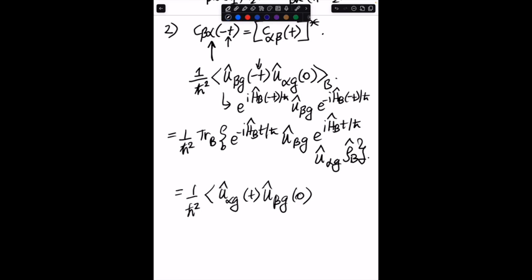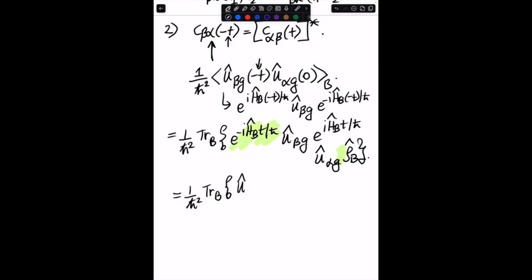That's what you have to do, right? So it's quite simple to do this. The first thing I would do, which is quite obvious, is take this and move it here. And then it's quite obvious to see that e raised to the power i H_B t upon h bar, u alpha g, e raised to the power minus i H_B t upon h bar will just give me u alpha g at time t. So you get 1 upon h bar square, trace over bath, and then you move it across.